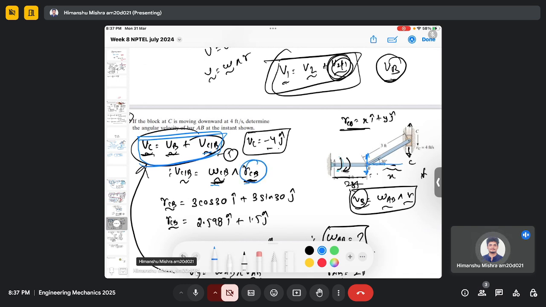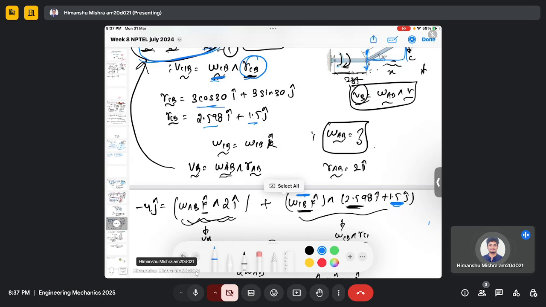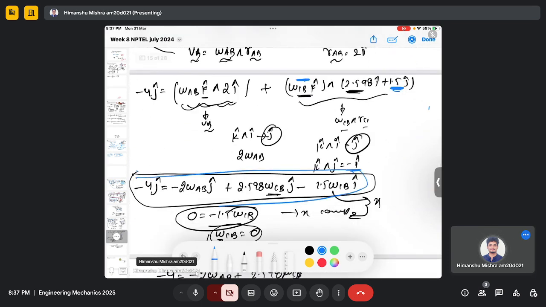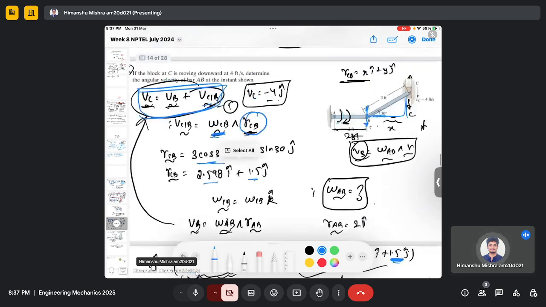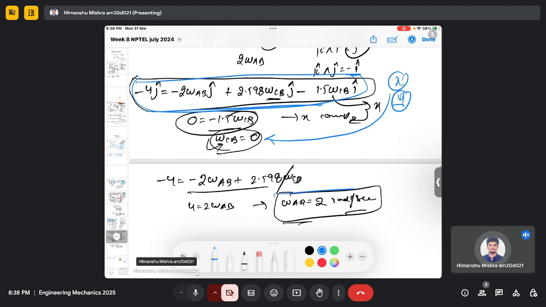For that we identify this as 2.5 in the x direction, 1.5 in the j direction. The angular velocity is always in the k direction, the z direction. Once we figure out all the vectors, we substitute them into this equation, and as in the previous problem, we pull out the x component and y component equations. The x component equation gives that omega CB is 0, and the y component gives us the answer, that omega AB is 2 rad per second.